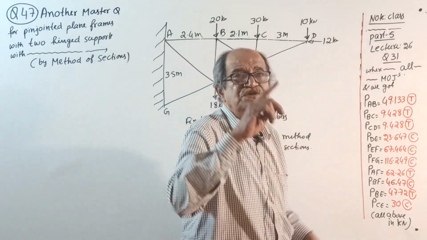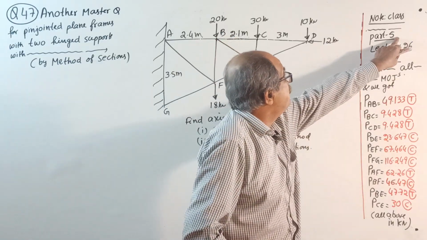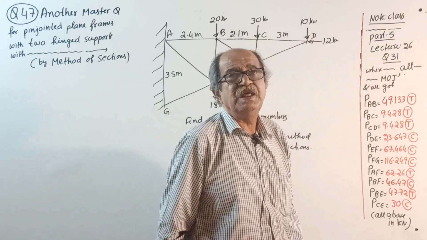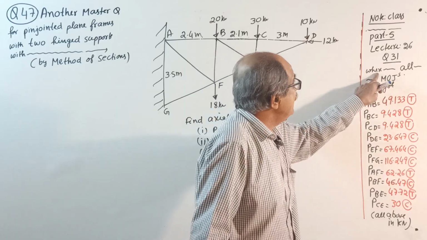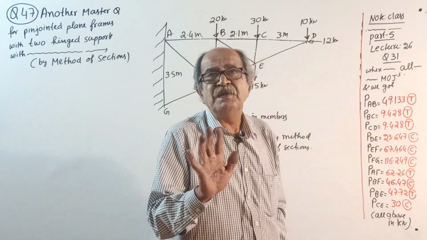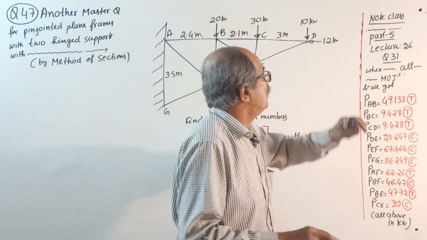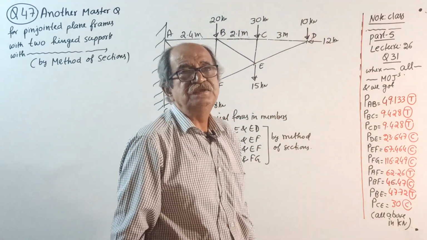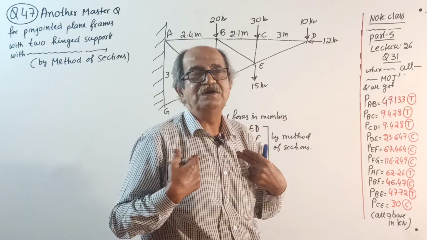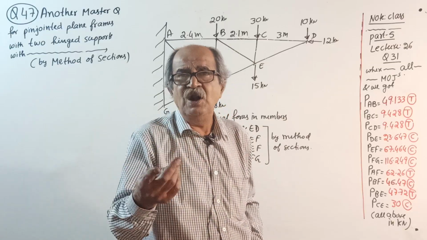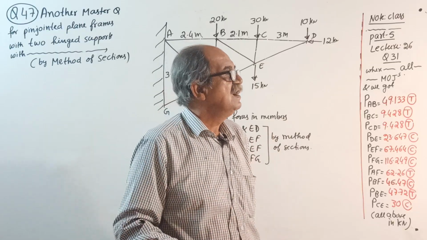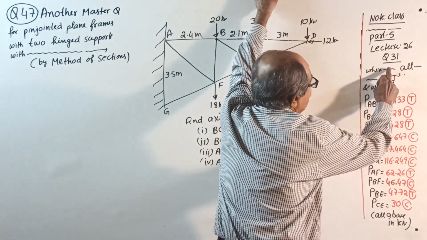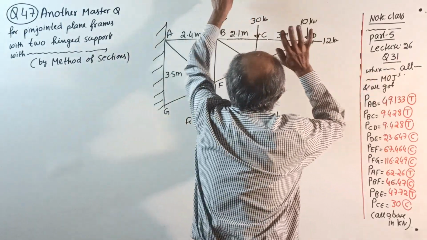It was already solved earlier, in part 5, lecture 26, question number 31, where it was not method of sections, it was method of joints, where we found axial forces in all members.